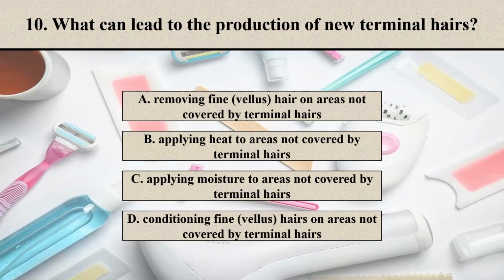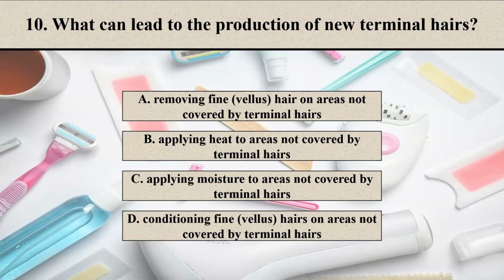What can lead to the production of new terminal hairs? Is it removing fine vellus hair on areas not covered by terminal hairs? Applying heat to areas not covered by terminal hairs? Applying moisture to areas not covered by terminal hairs?